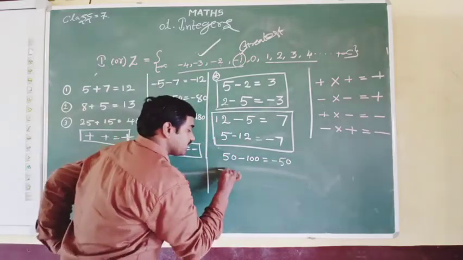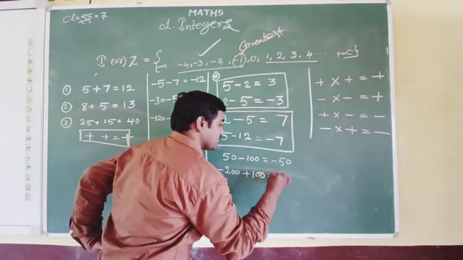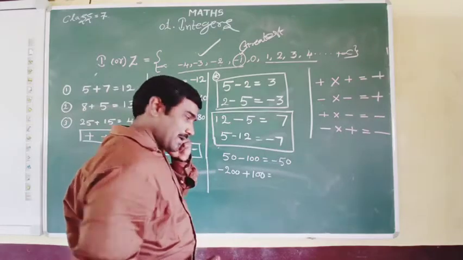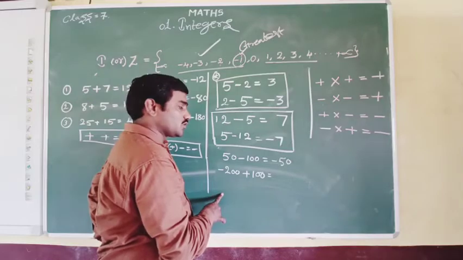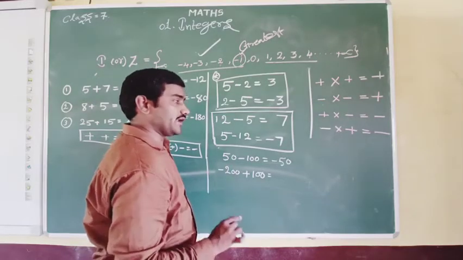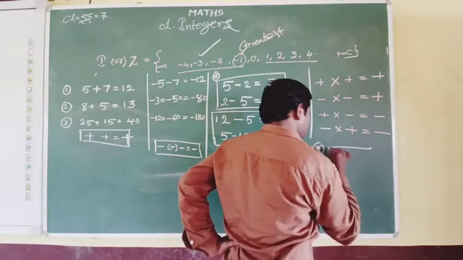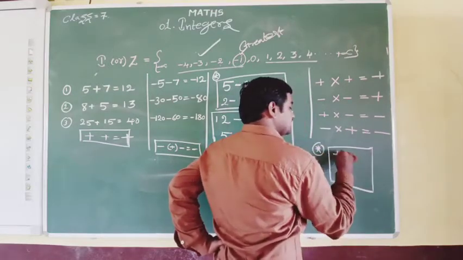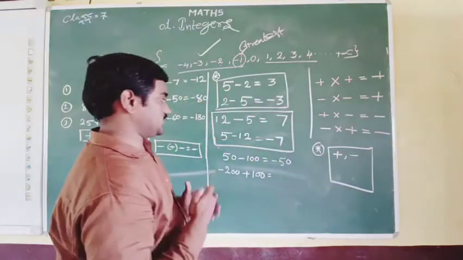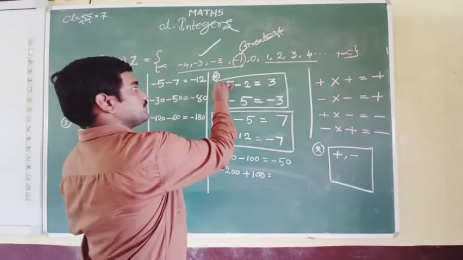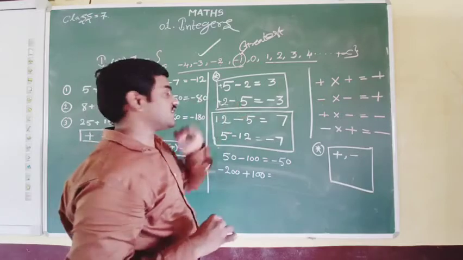Okay. Then minus 200 plus 100. In this case, minus 200 plus 100, need not worry. So here I will tell you a trick. Remember always, if there is one plus and one minus in the operation, here there is one positive number, here there is one negative number.